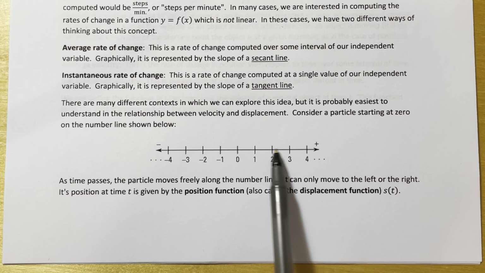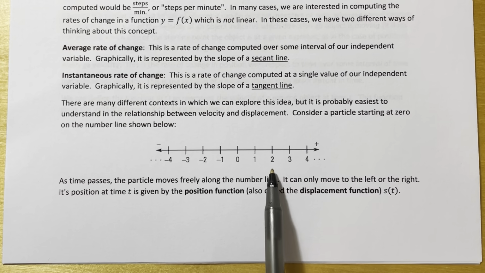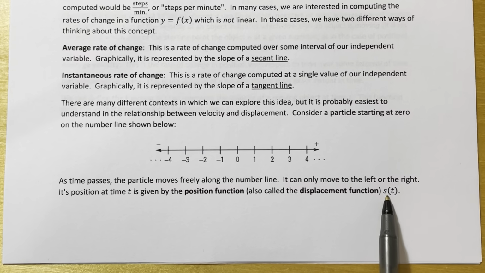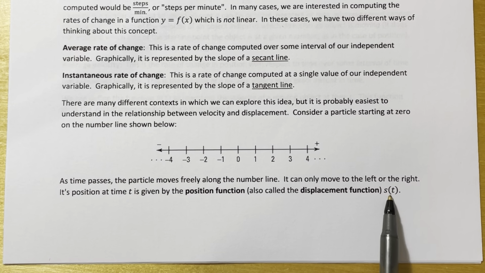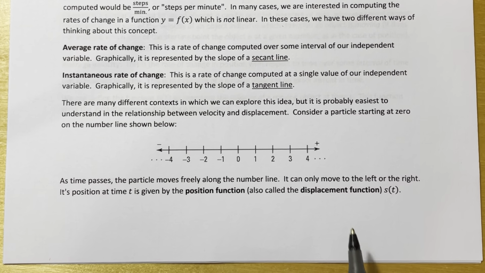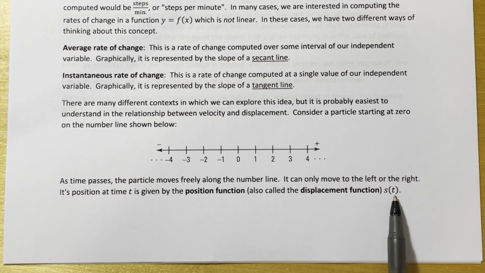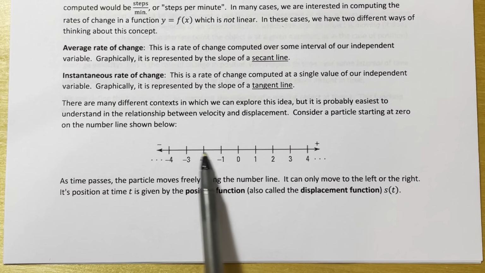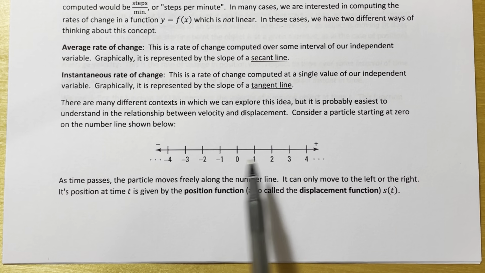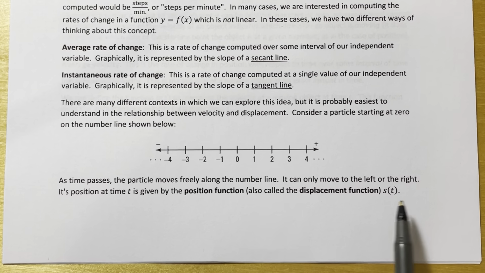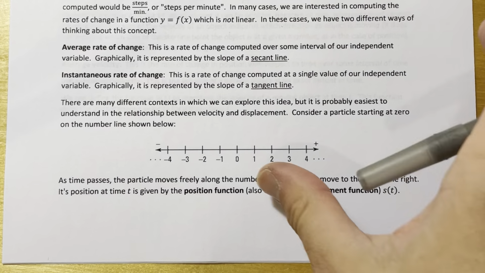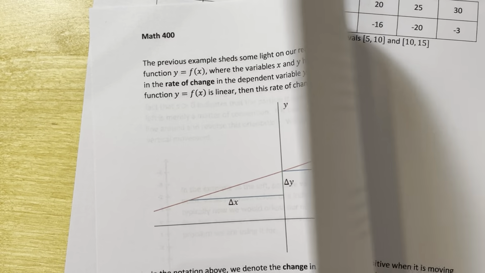It's moving over the course of time. So we're going to define a function which we're going to call s of t. And this is what we call a position function. It's also frequently called the displacement function. And the purpose of this function is to tell me exactly what position the particle is at on my number line at some given time t.